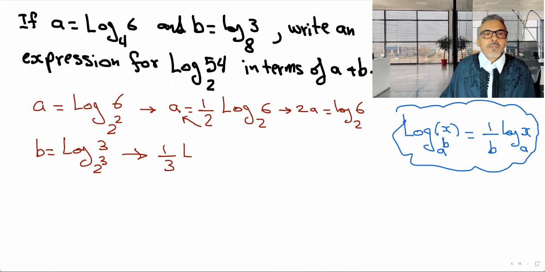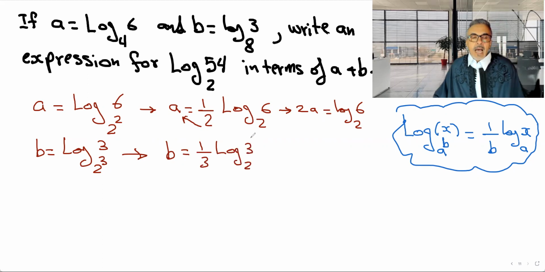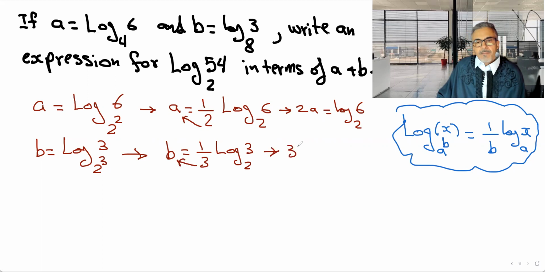So now this will be b equals 1 over 3 according to this rule right here, and then I still have the log base 2 of 3. Now, the next thing I'm going to do is cross multiply this 3 to the b right there. So it gives me 3b equals log base 2 of 3.